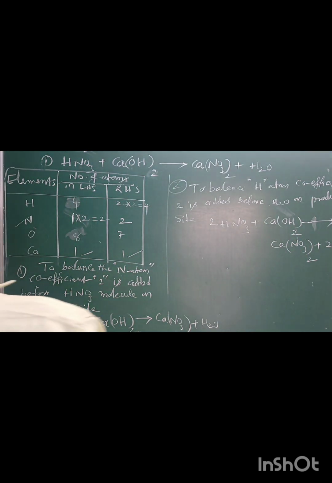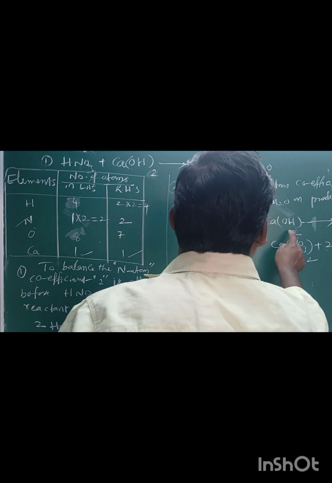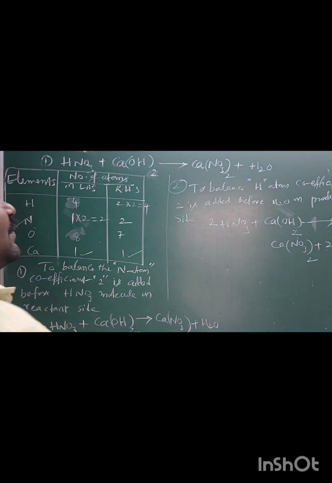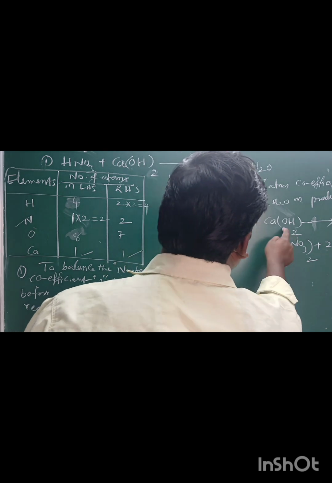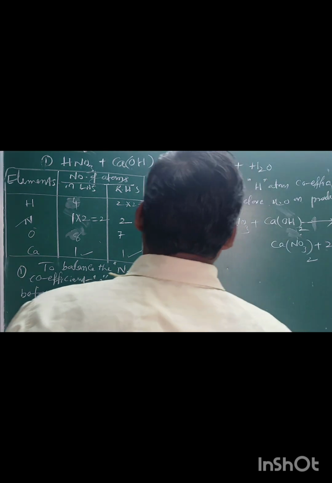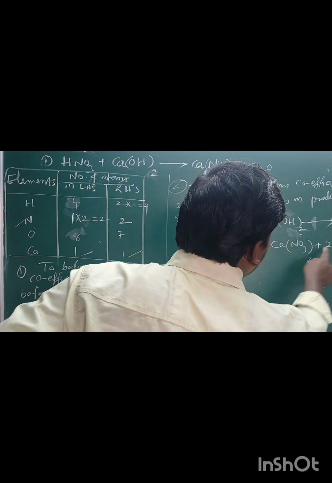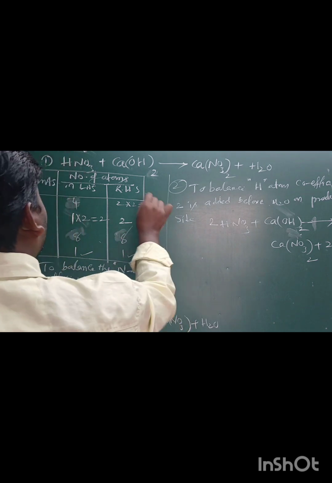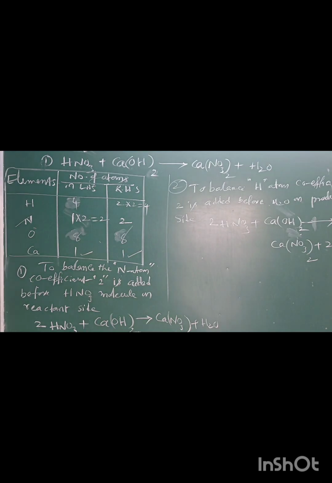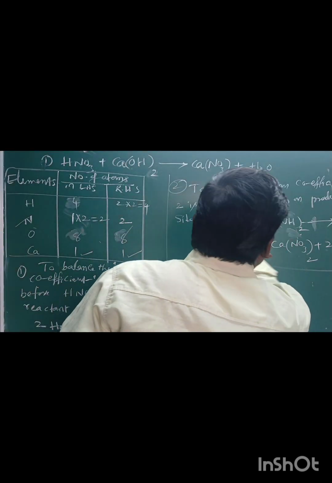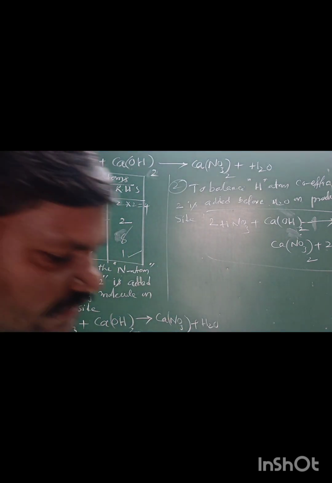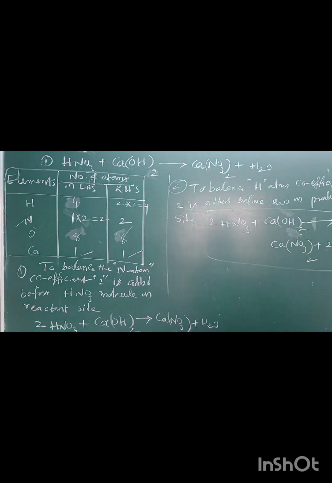Now here 4 hydrogens, here also 4 hydrogen atoms are balanced. Now check oxygen atoms here. 2 threes are 6, 6, so 8 is there on this side. Here 2 threes are 6, plus 2, here also 8 is there. Okay, this is the final balanced equation. I hope it is clear. Okay, like that. Now I am taking one more example here.